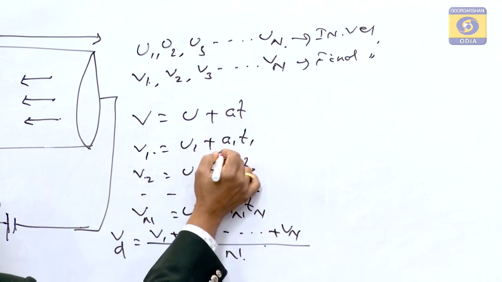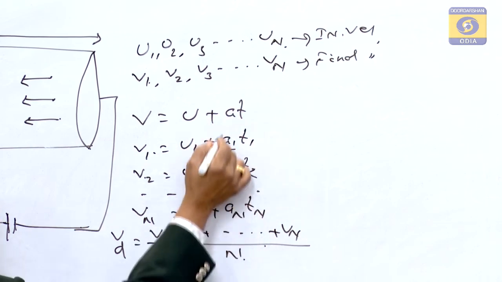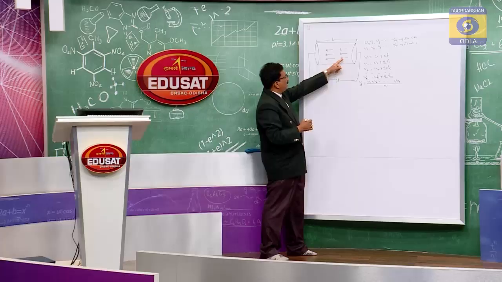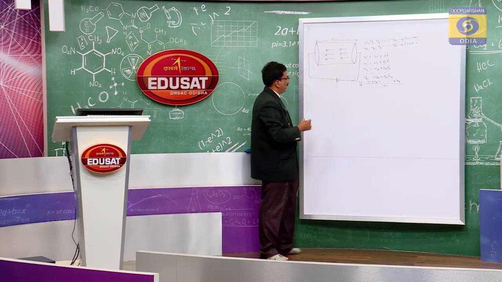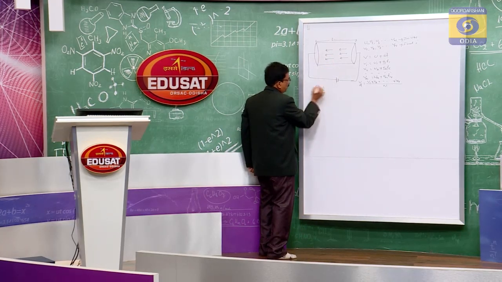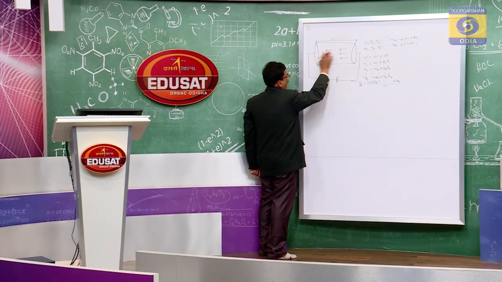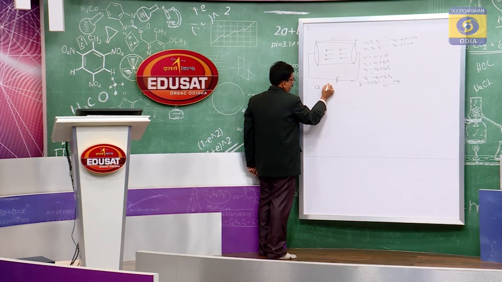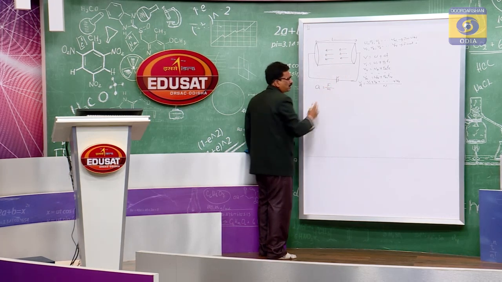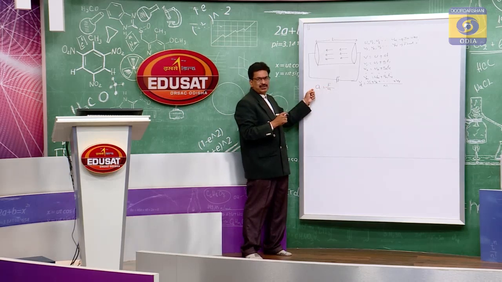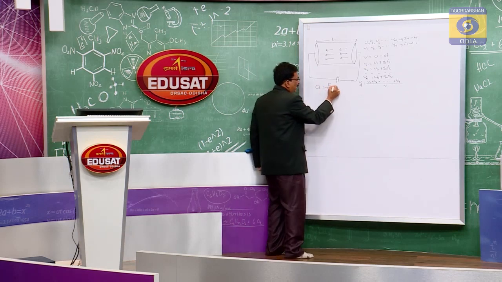When we substitute, we have to discuss the a1, a2 and these values. When the source is supplied, these charges accelerate. If the acceleration is a, due to the application of this potential and the field produced, the force is F, and m is the mass of an electron, then F is equal to ma, so a is equal to F by m. This F is due to the electric field.